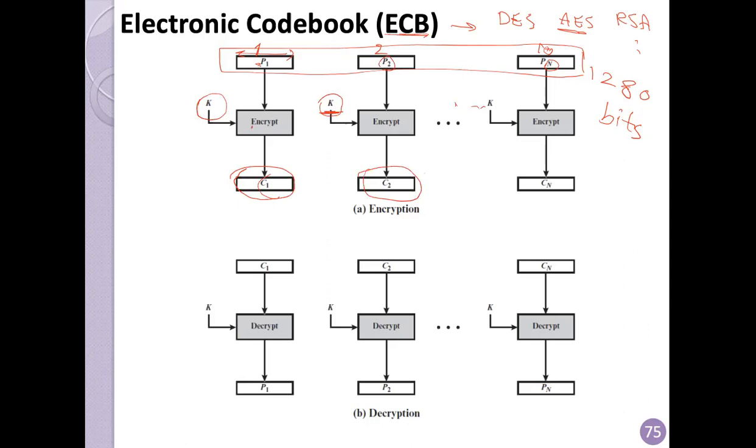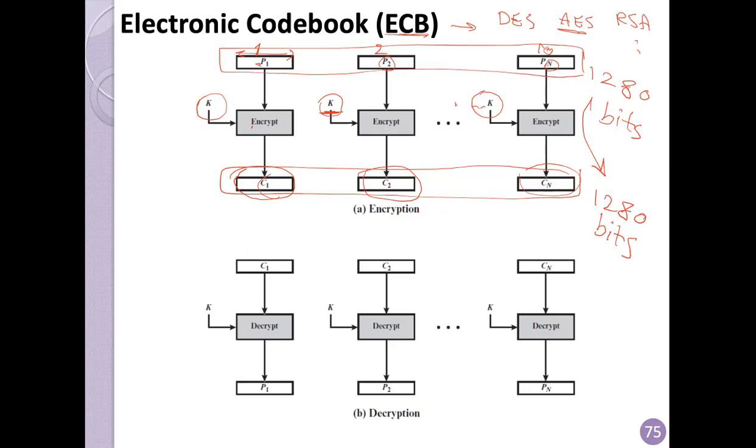All the way until the last block, block number 10, you encrypt it using the same key, and you get ciphertext number 10. You now concatenate them, and this is the 1,280 bits encrypted version of your input data. This is called ECB mode.